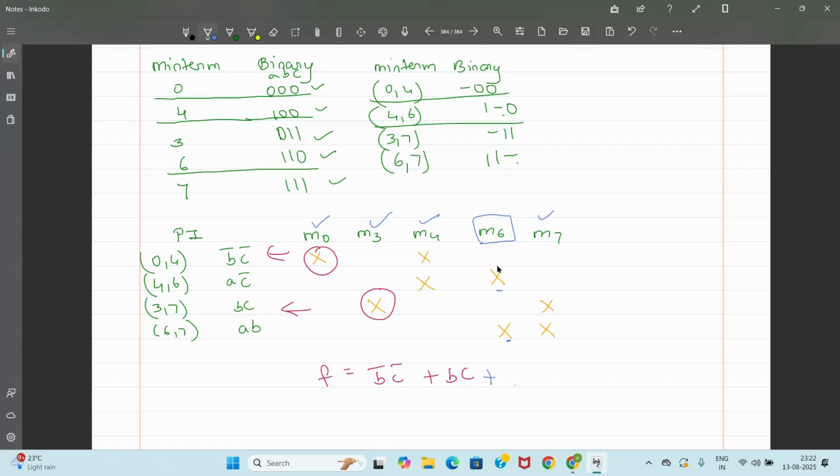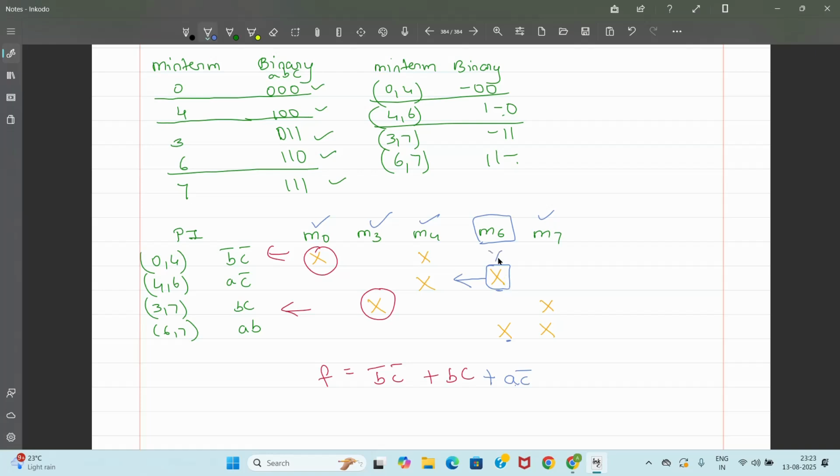So now you have two options. Either you consider this x and take the corresponding row value, write it in your answer. So your answer will be A, C bar, which means along with the essential prime implicants which you have already written, to cover M6 you need an additional term, and that term is obtained by taking the x which is there in the M6 column. Okay.